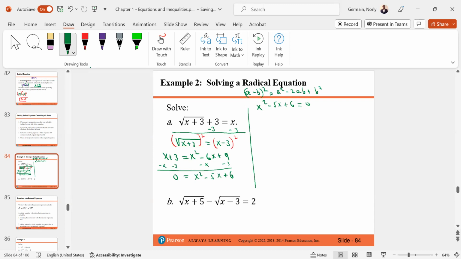And we can say two numbers that when you multiply give you positive 6, and when you add give you negative 5, is x minus 3, x minus 2. Please review and take your time. Of course, I go faster than you. Make sure you verify that multiple times, okay?